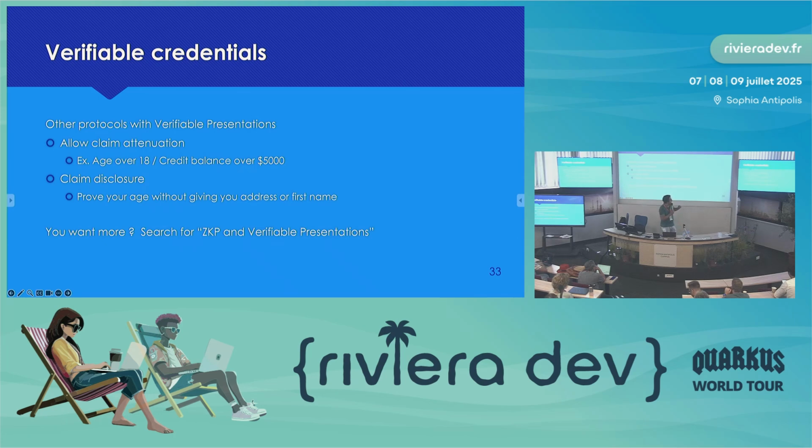For example, if inside the claims there is a claim with the date of birth, maybe Bob does not want to give you his full date of birth. He can just give you the year of birth, so that he doesn't leak some information. He can also just remove some claims, and you can still verify the signature of the document.